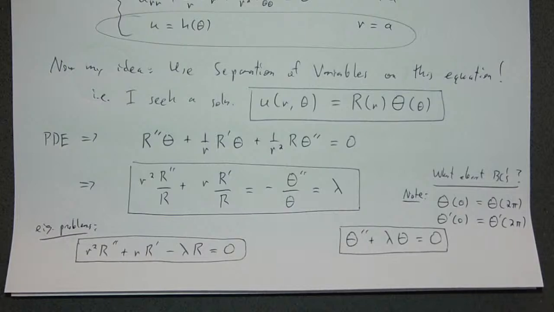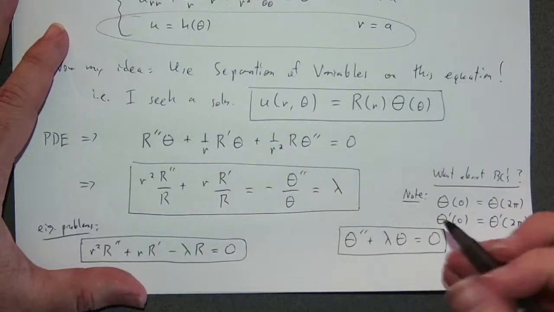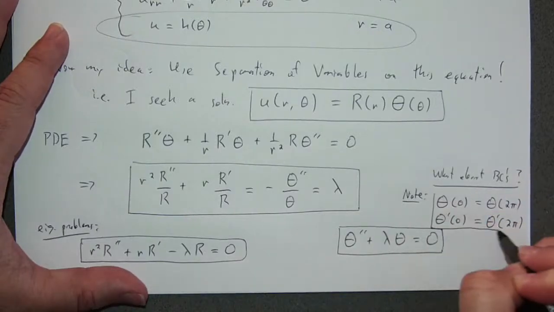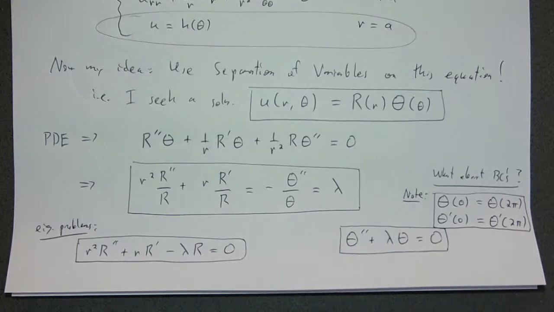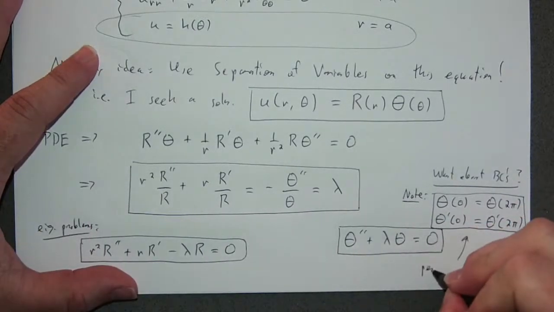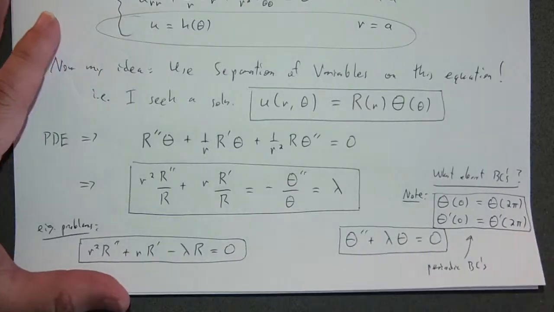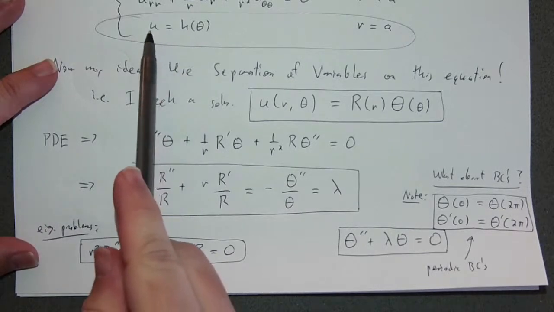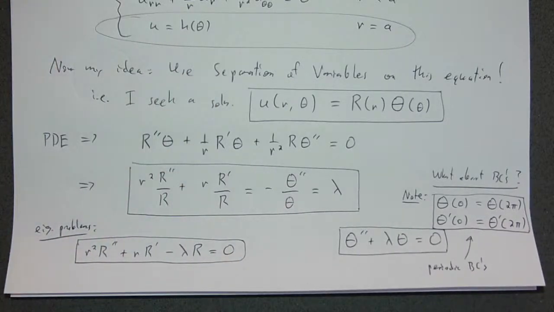Why? This is purely from polar coordinates and what theta means as a variable in polar coordinates. These two things have to match. And so we have periodic boundary conditions, and these boundary conditions didn't even come to us from the prescription of this H. It came to us implicitly via polar coordinates.